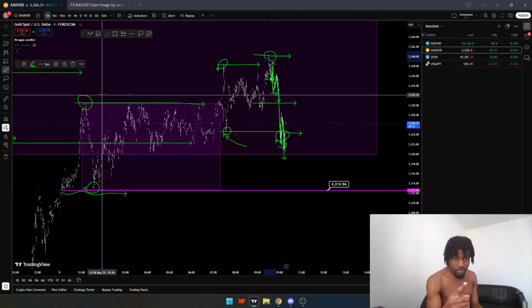If you have to treat trading like anything, it's a hunt, bro. It's a literal hunt. You're out here stalking the market, if anything. You're not even reading it too tough.